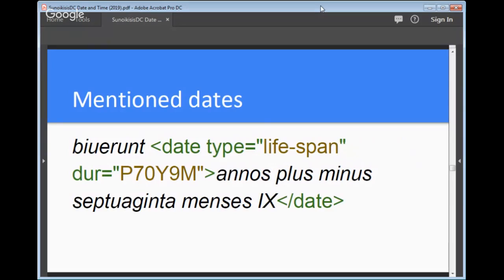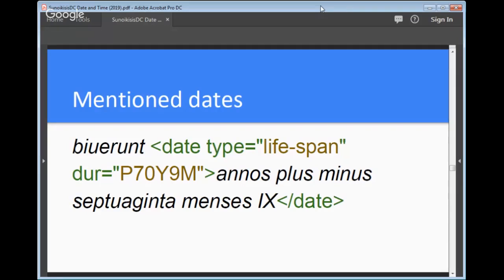And then there's dates where we don't actually know the date of something, but what it's recording is a time span. It's saying this person lived for 70 years and 9 months. And so we record this using a duration attribute. We don't know when that span started, but we know how long that span lasted.